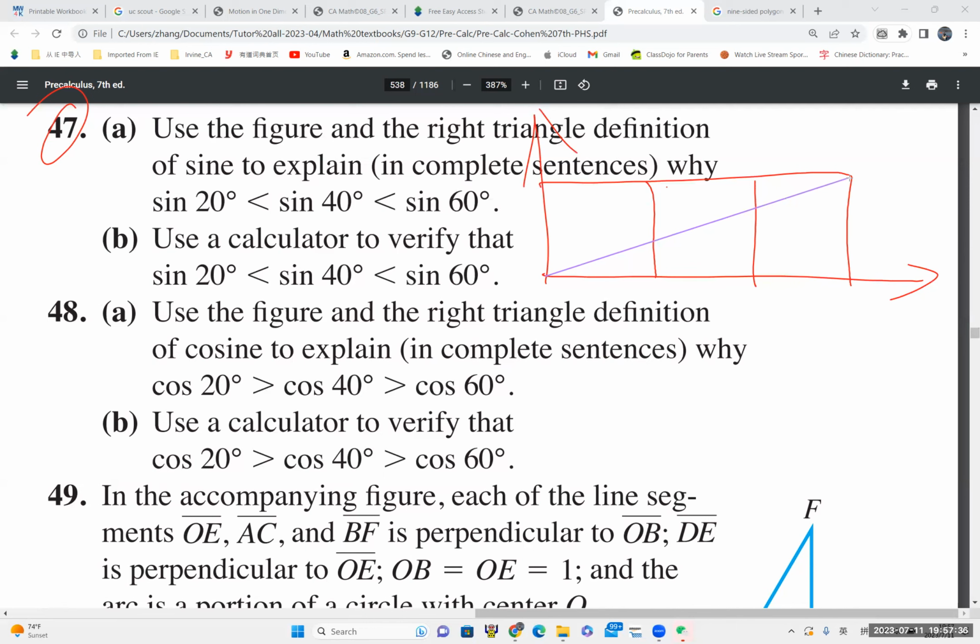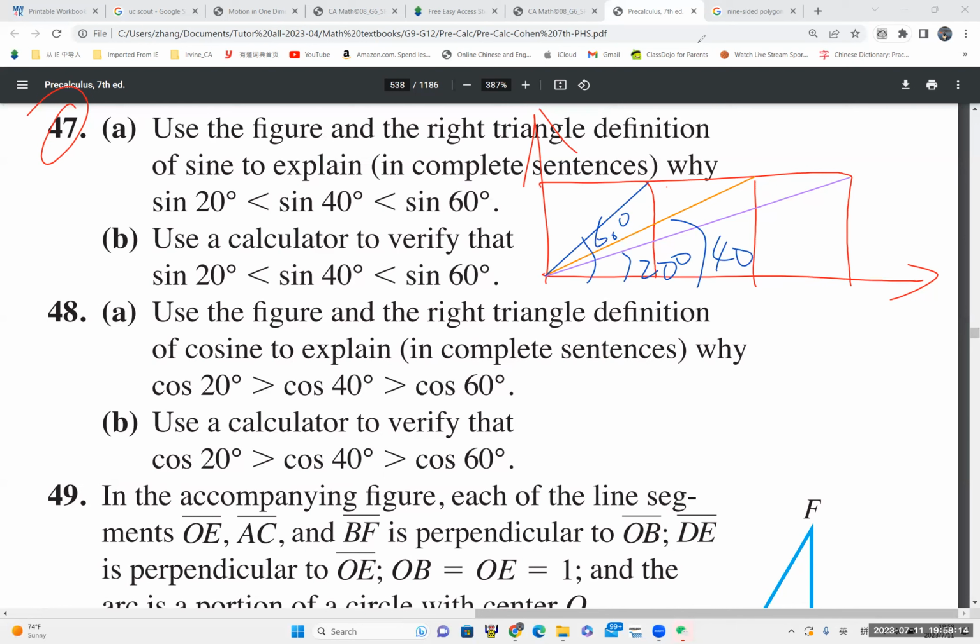This is for 20 degree. This is, let me use a different color, this is for 40 degree. This is for 60 degree, right? It's not in scale. I just show this.